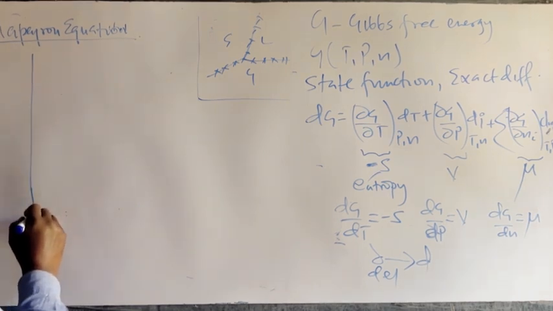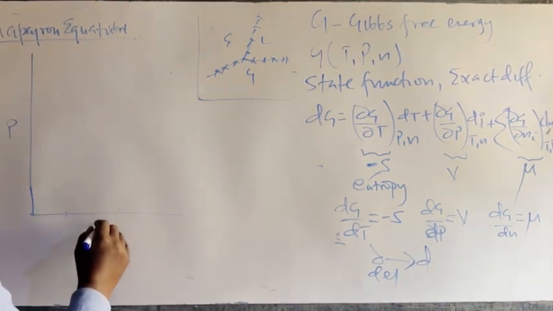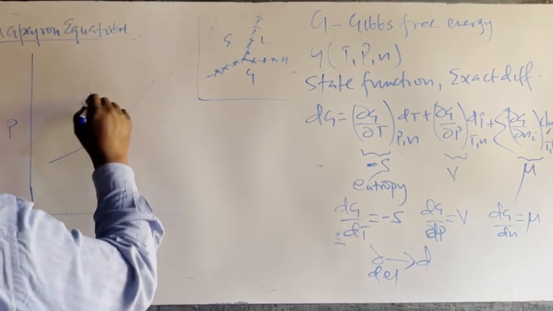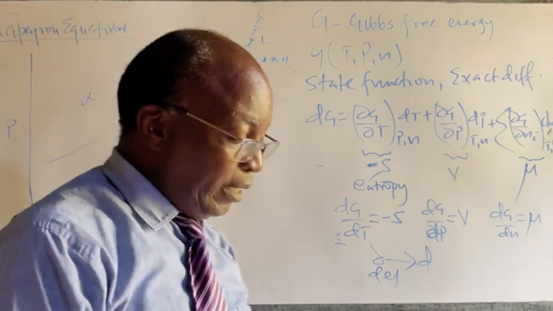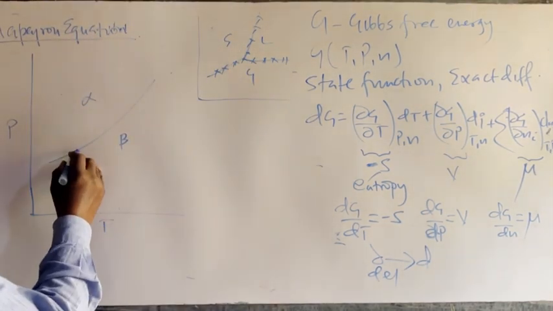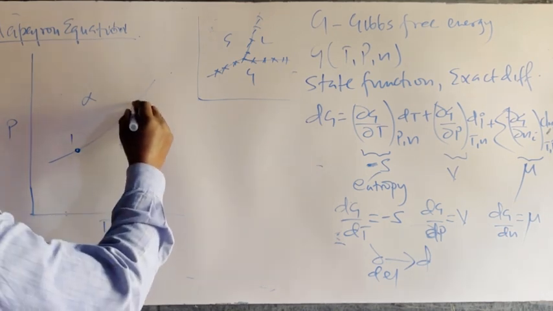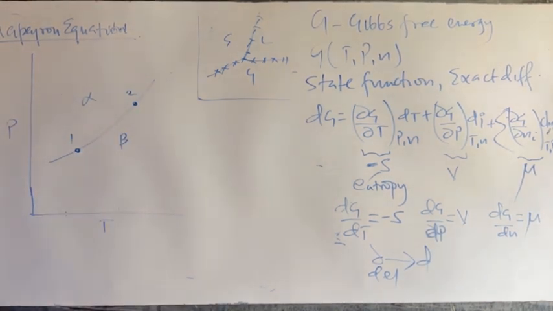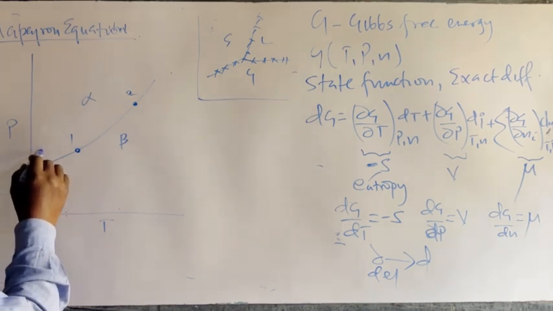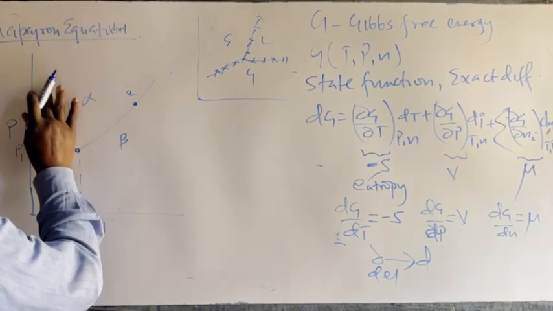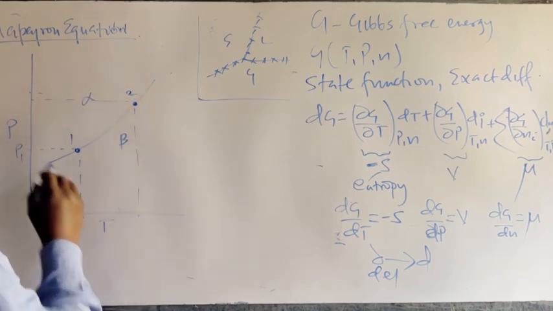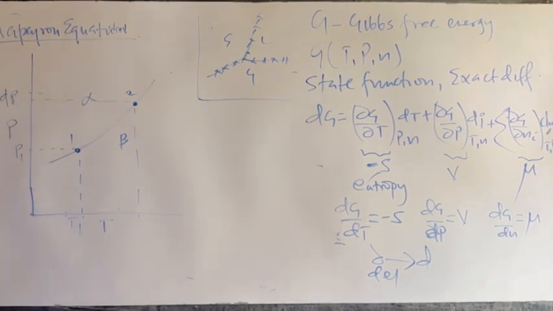Now, if we take a pressure-temperature diagram and we say that we have phases alpha and beta coexisting in equilibrium, and we focus on the state points 1 and 2. State points defined by that pressure, let's call it P1, T1, and this other one will be defined by some pressure differing from this one by some infinitesimal amount.